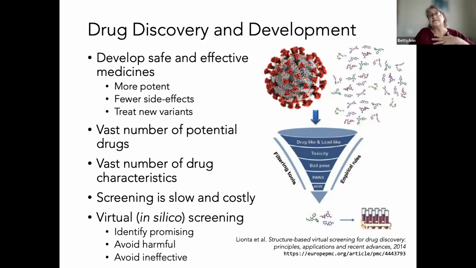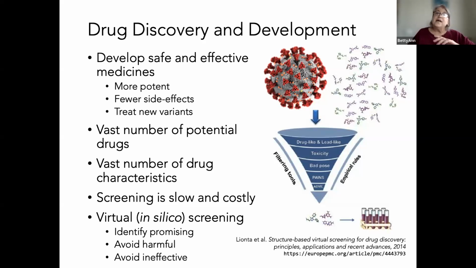So one of the things that I was involved with in my previous job was, instead of having a person manually do this process of tweaking a drug, and I'll go into more detail about what tweaking a drug means, what we tried to do in the machine learning group was what we think of as virtual screening, or in silico, meaning programmatically.